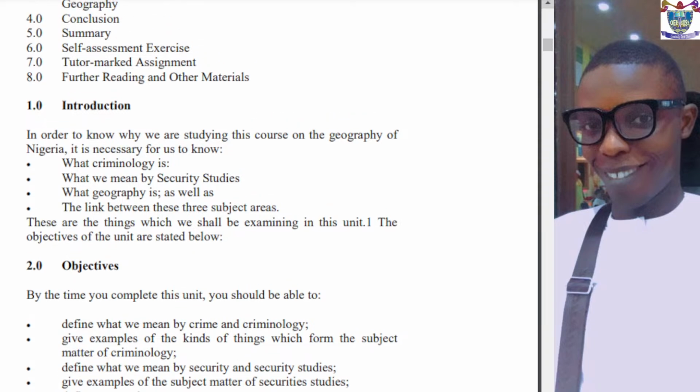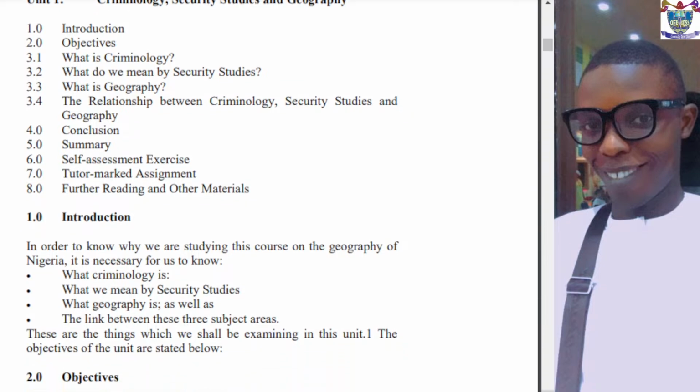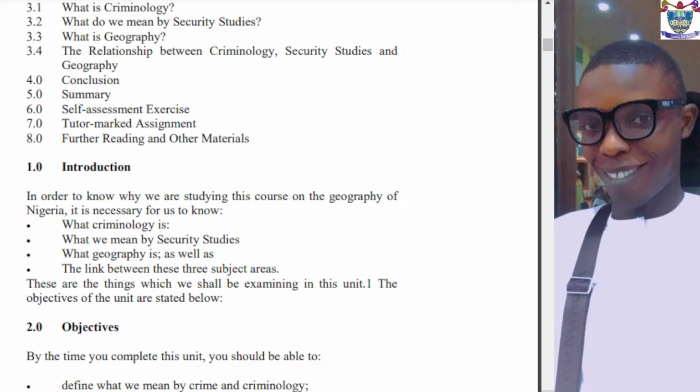Now to the introduction. In order to know why we are studying this course on the geography of Nigeria, it's necessary for us to know what criminology is, what we mean by security studies, what geography is, as well as the link between the three subject areas.